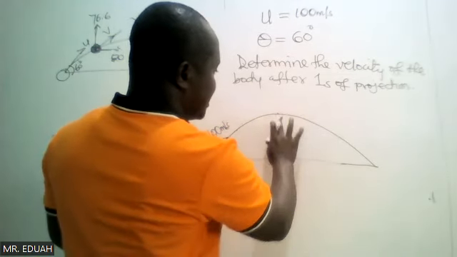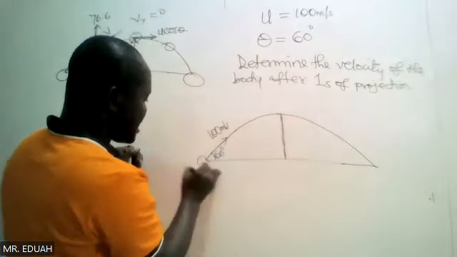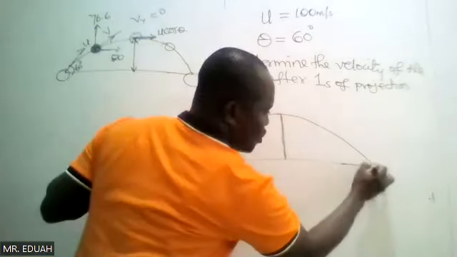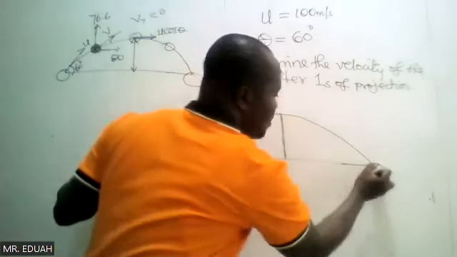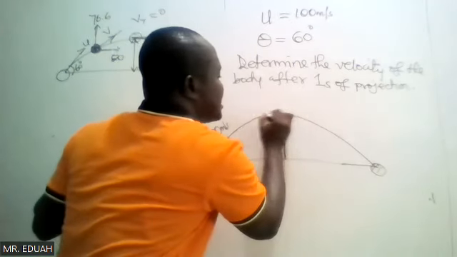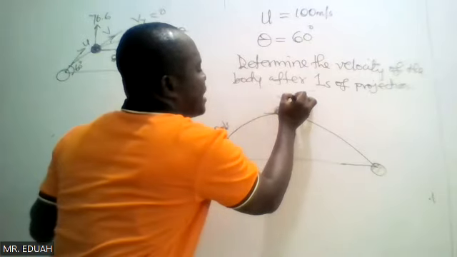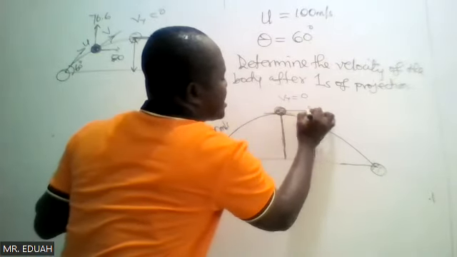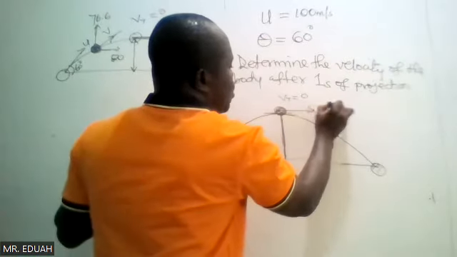It starts here and drops at the same level. I'm assuming this is the maximum height. So when it is here, at this point, dy is 0. The horizontal velocity at every position of the object is constant, u cos theta.